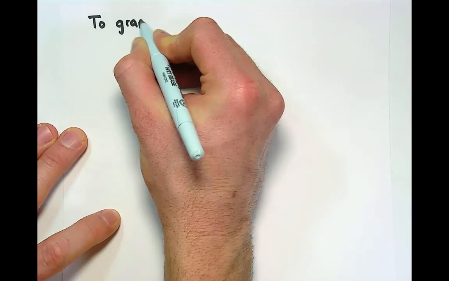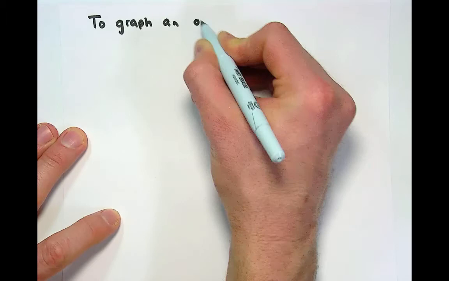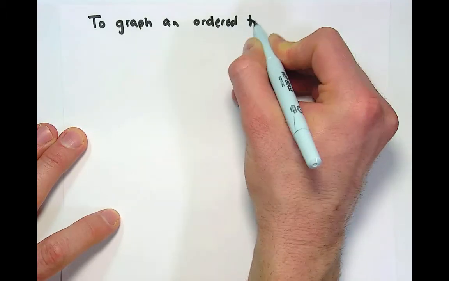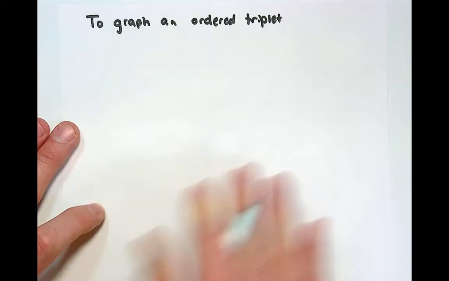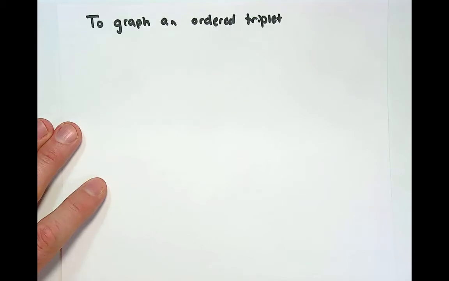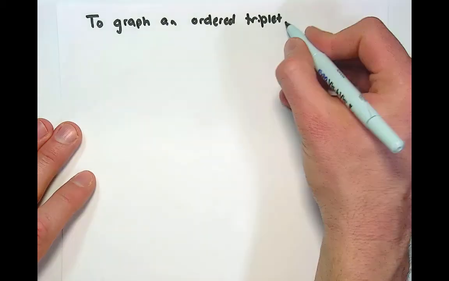When we go to graph an ordered triplet, we need to create 3 orthogonal axes that intersect at an origin.